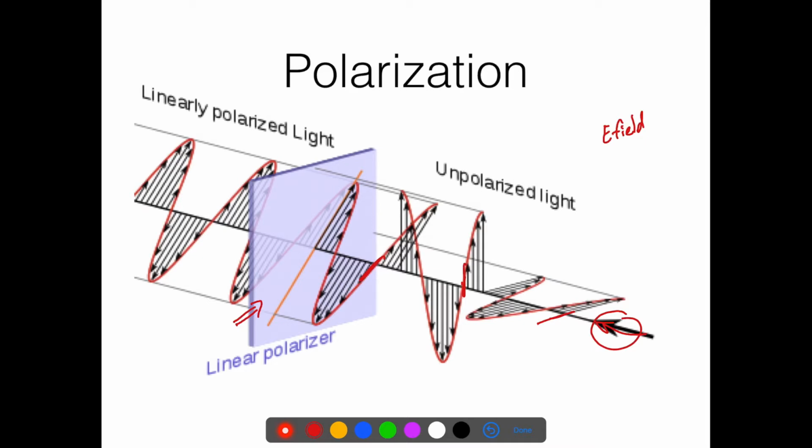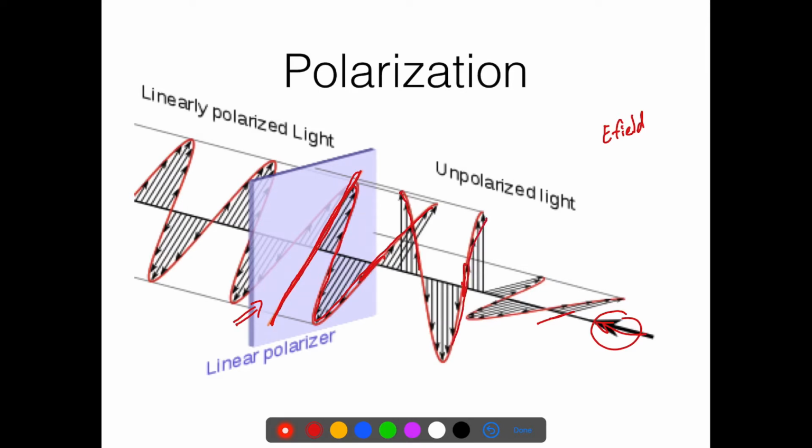A polarizer only allows light or components of light that are in one specific direction to go through. Right? So this specific polarizer we've lined up so that it only allows light in this diagonal direction to go through. So this wave right here that is in that direction, it's going to all go through. Okay?